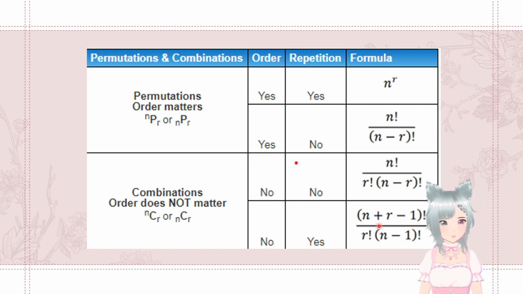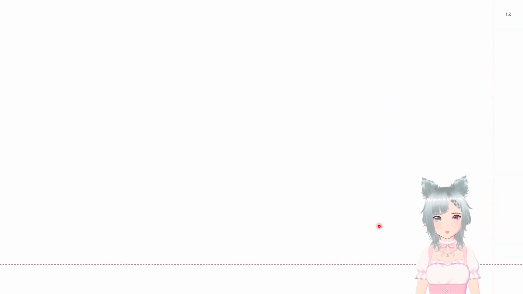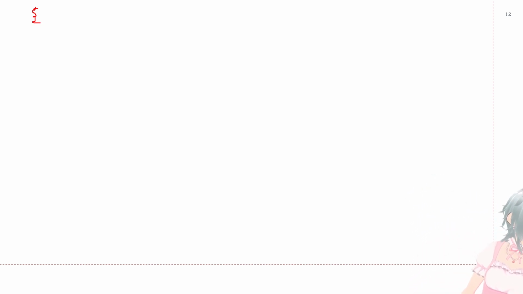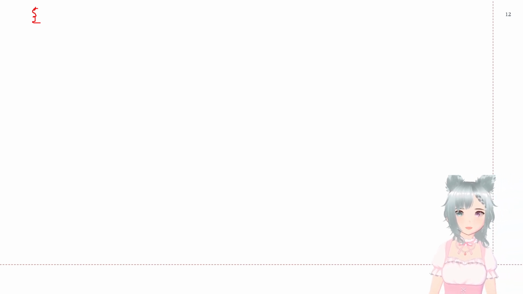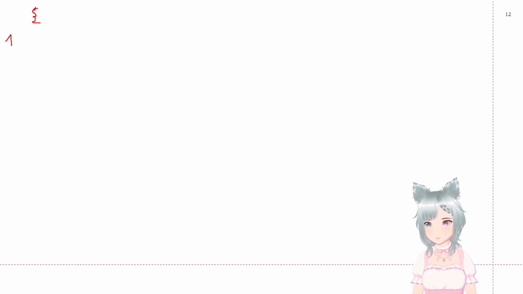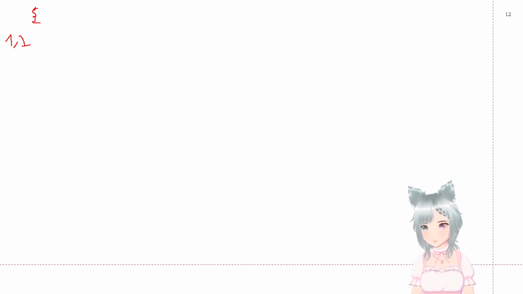What we have here is sets where the order does not matter, and we can have the same number multiple times. So for example, let's use the numbers 1, 2 and 3.